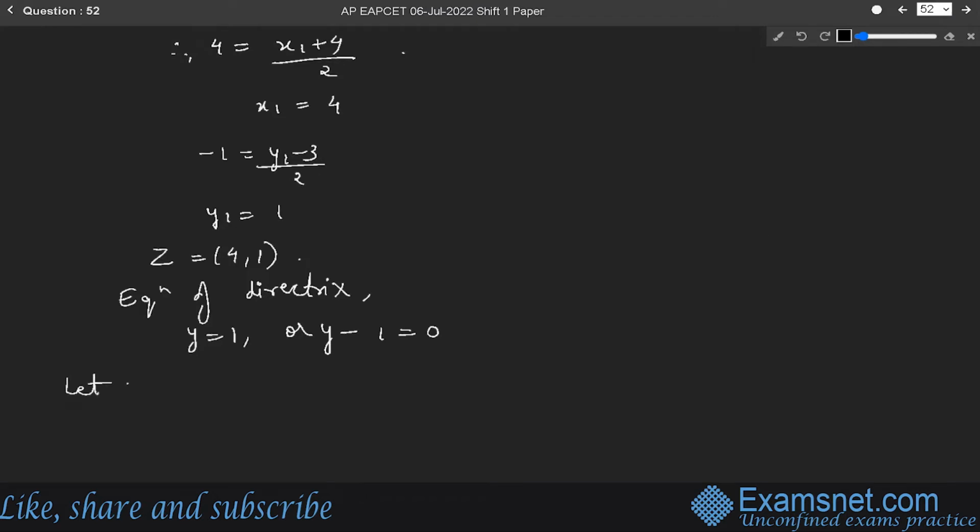Now, let a point P, x comma y be any point on parabola. Now, after joining SP and drawing a perpendicular to the directrix, we have SP is equal to PM.